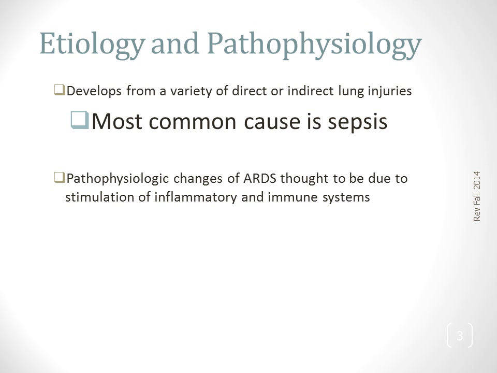We talked previously about sepsis, SIRS, ARDS, and MODS being the inflammatory system going wild, so there is some sort of insult to an area of the lung, and then the inflammatory process takes hold, and it is driving the person to respiratory failure.